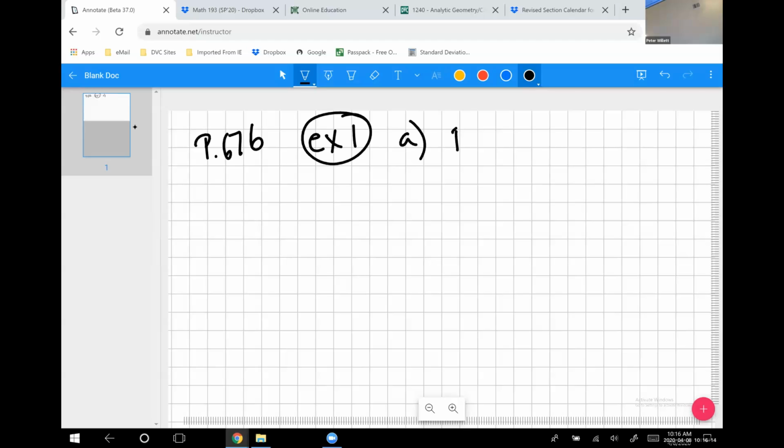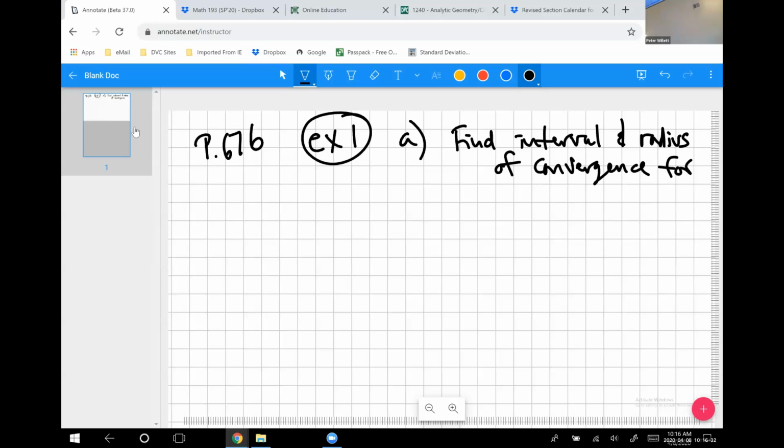We're supposed to find the interval and radius of convergence for the summation as k goes from 0 to infinity of x to the k divided by k factorial.